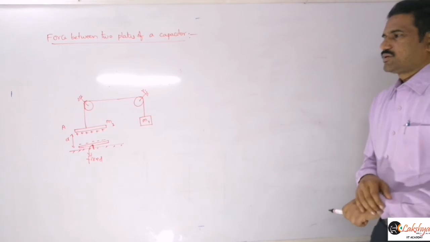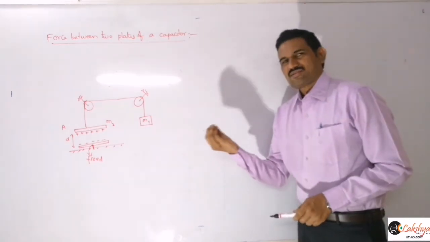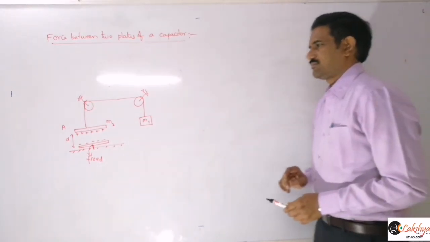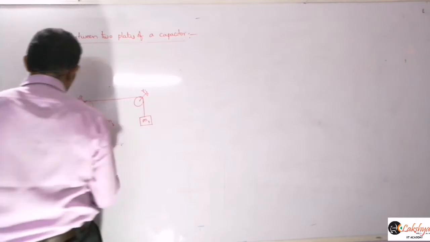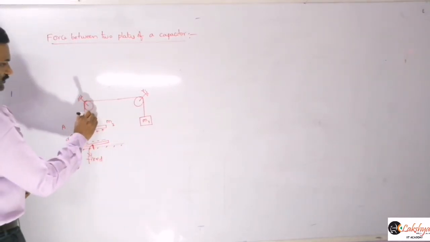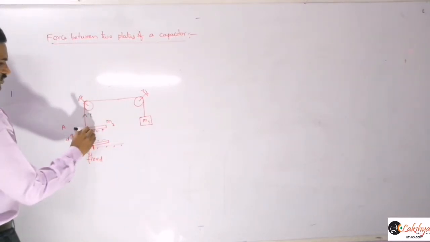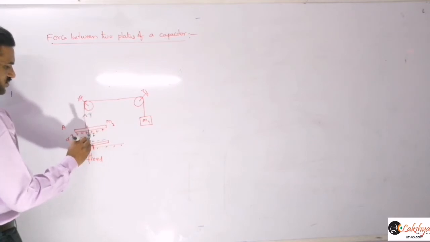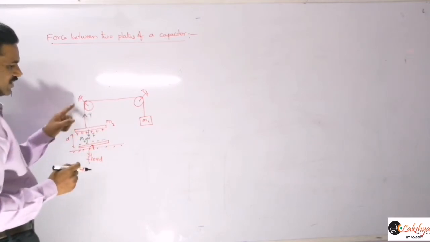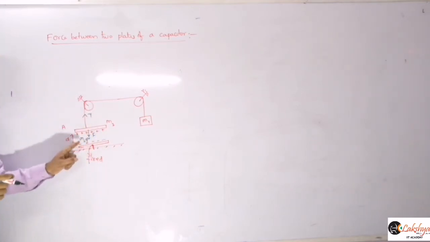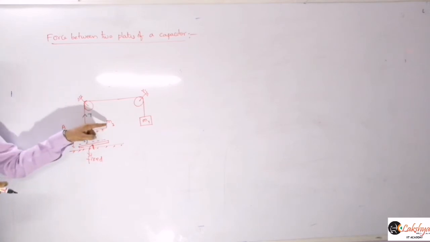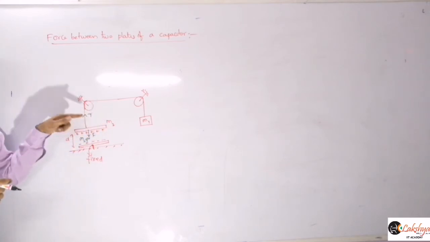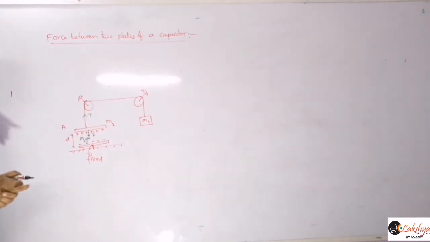Now here you can use the equilibrium conditions. Suppose T is the tension in this string. If you consider the remaining forces, the electrostatic force will be there and M2G will be there. So on this plate, tension T is acting upwards, the weight of this plate is acting downwards, and this attractive force is acting like this.